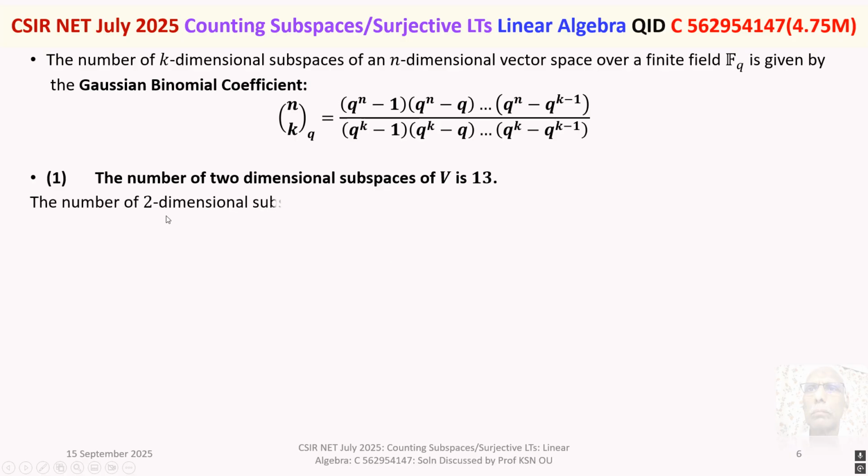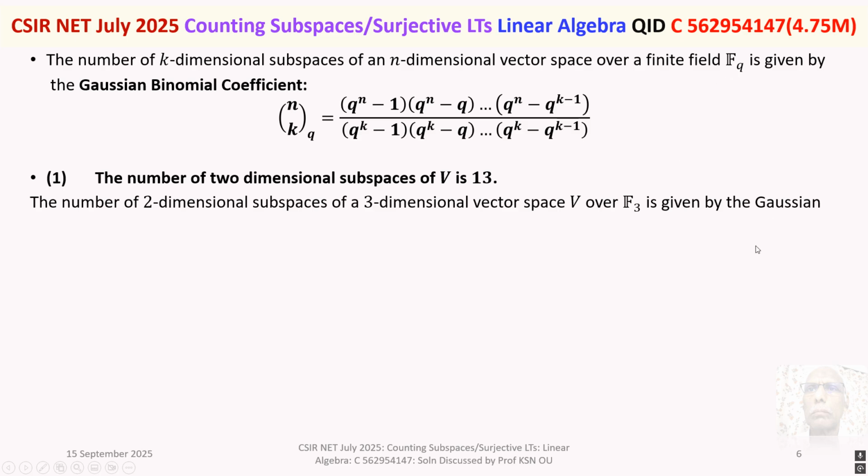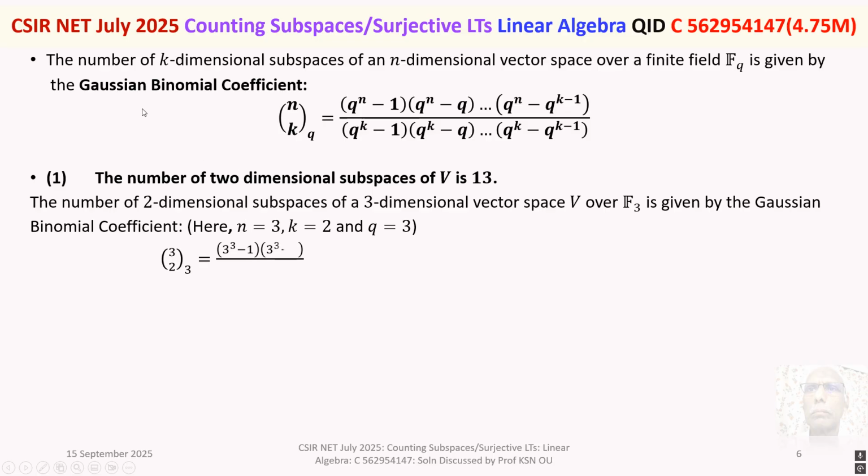The number of two-dimensional subspaces, that is k is equal to 2, of a three-dimensional vector space V, that is n is 3, over the finite field F3, q is equal to 3, is given by the Gaussian binomial coefficient. Here n is 3, k is 2, q is equal to 3. Now this is given by the Gaussian binomial coefficient 3 choose 2 suffix 3.